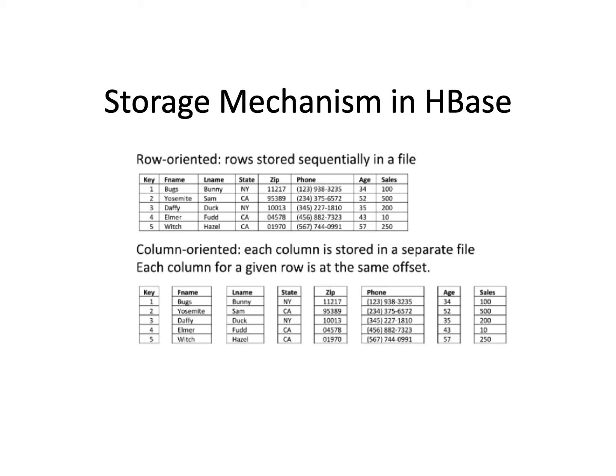Here the key is stored together, then the second column is stored together, and then the third one is stored together, and in this way all the columns are stored together.